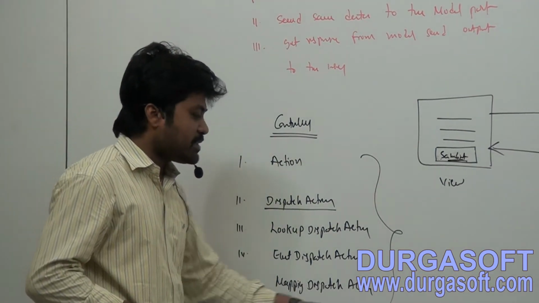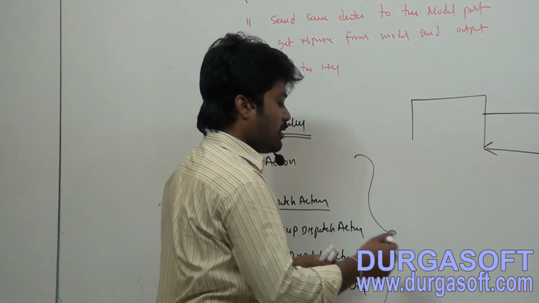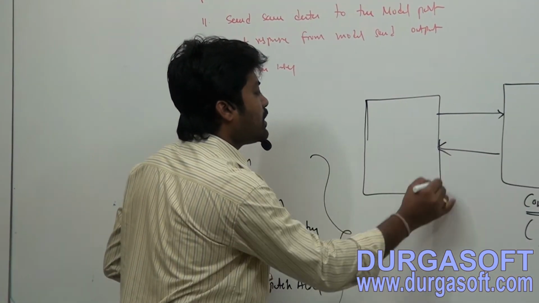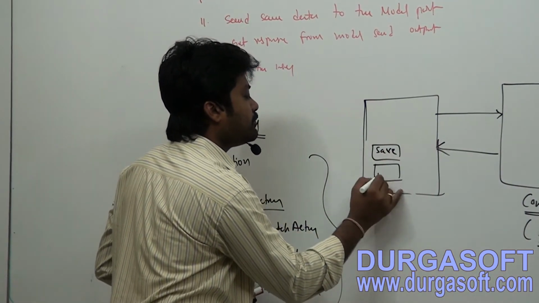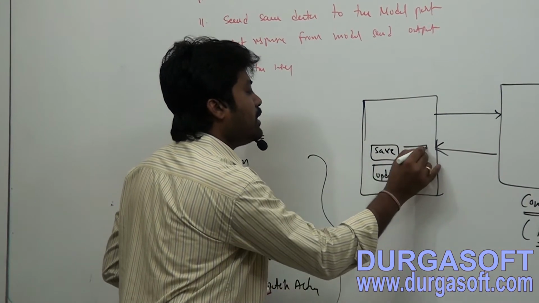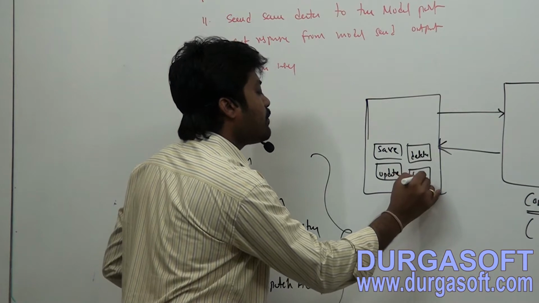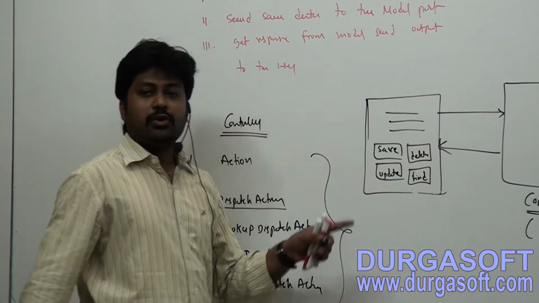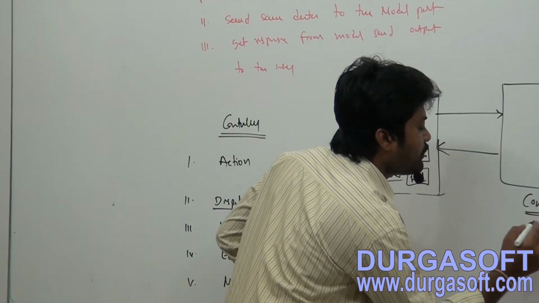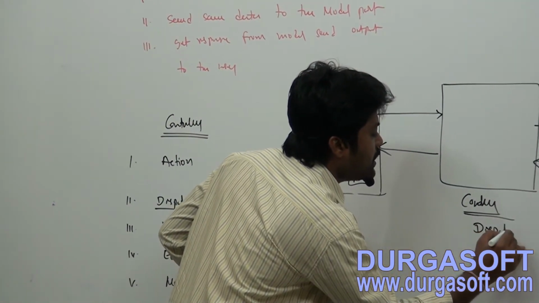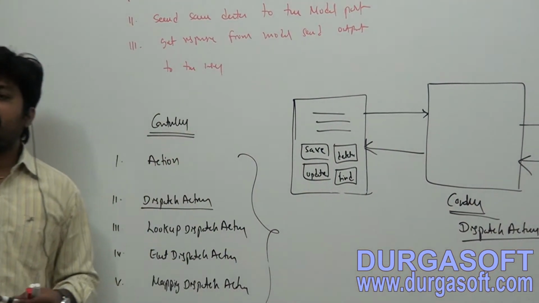The use case for the DispatchAction class is when you have multiple submit buttons in your UI, like save, update, delete, find. To handle multiple submit button operations, Struts gave the DispatchAction class. The DispatchAction class can handle multiple submit button operations from one single class itself.